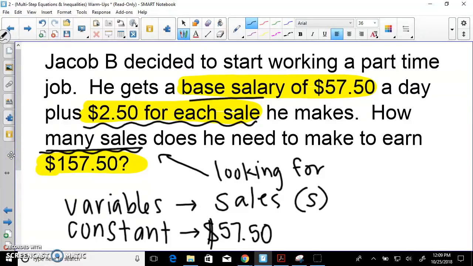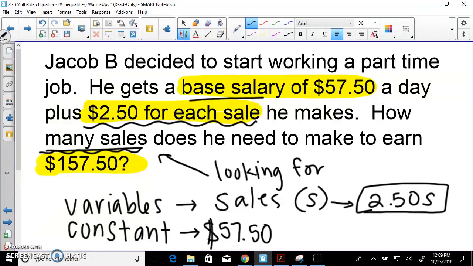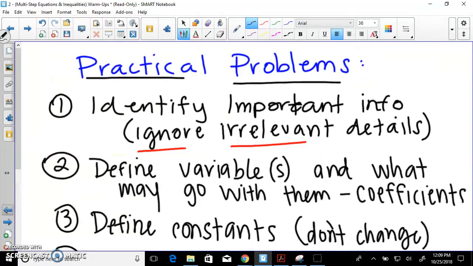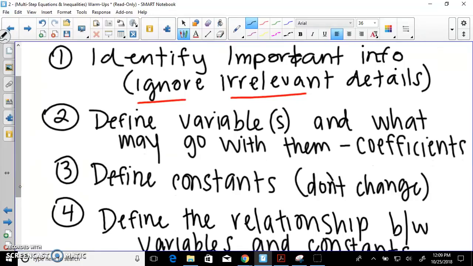We know that he makes $2.50 per sale, so we can use that as a coefficient, 2.50S, and then a constant, 57.50. We've identified our variable and defined our constants.